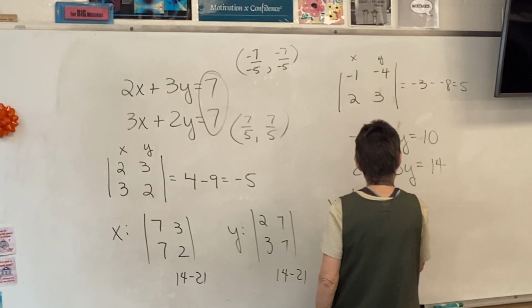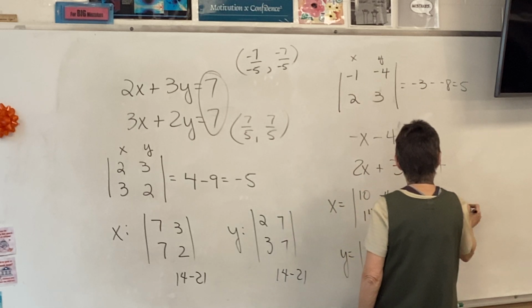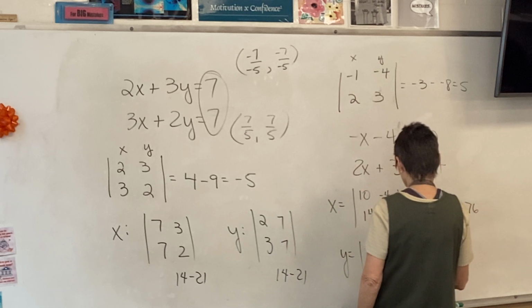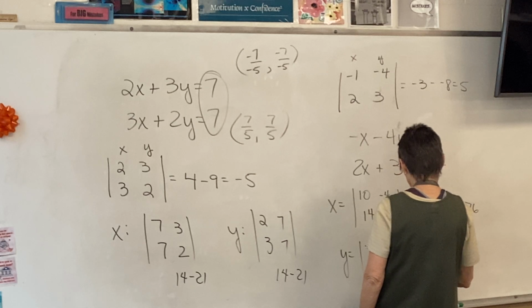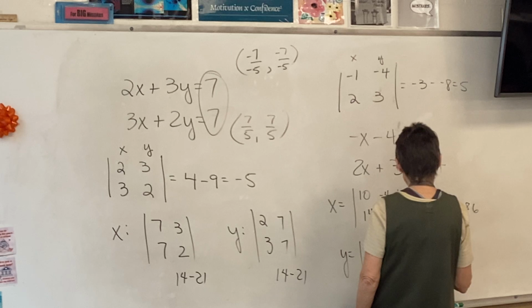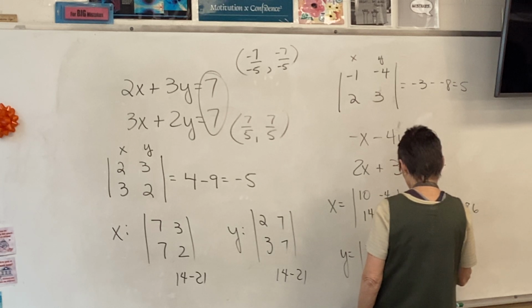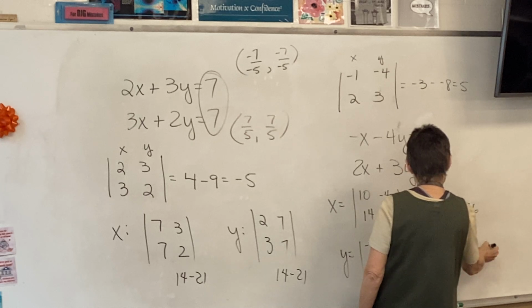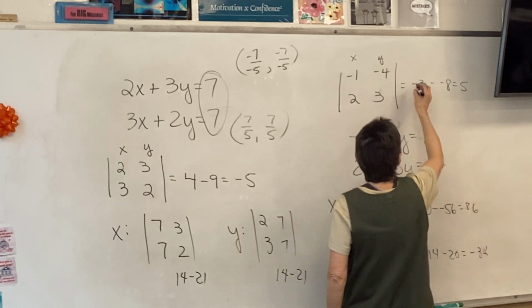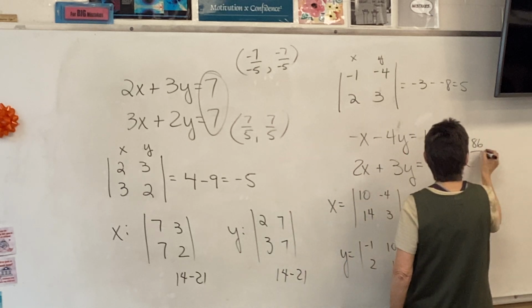86 over 5 and then -34 over 5. Okay. I got 86 over 5 and -36 over 5. Wait, -36. Oh, sorry, 34. Okay, thank you. That's okay, you corrected yourself. Okay, what'd you get for the regular number?